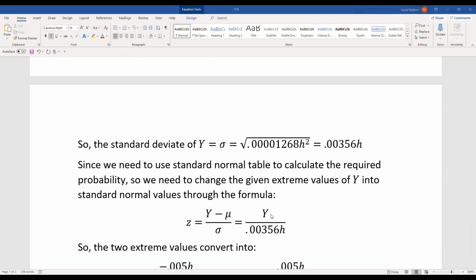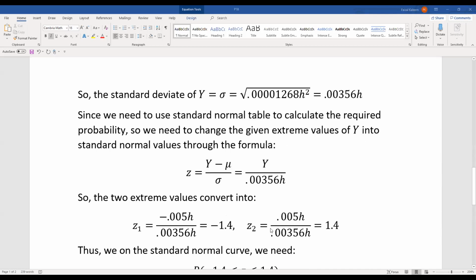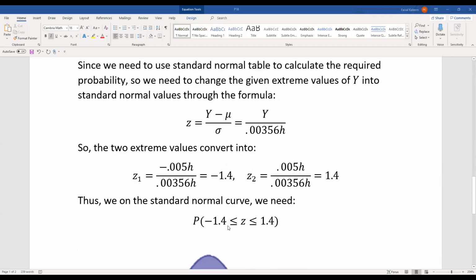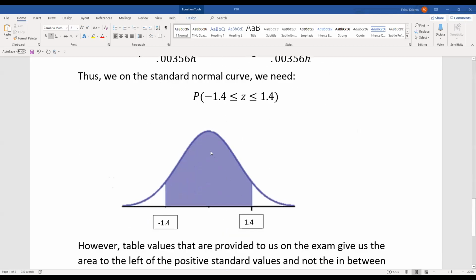The mean is 0, so y minus 0 over the standard deviation for y. And the two extreme values were negative 0.05h and 0.05h. So we substitute them for y to get these two z values. And therefore, in the standard curve, we need the probability that z is between negative 1.4 and positive 1.4. So we need this probability.